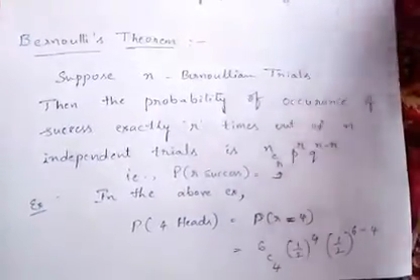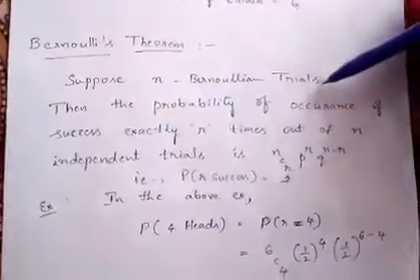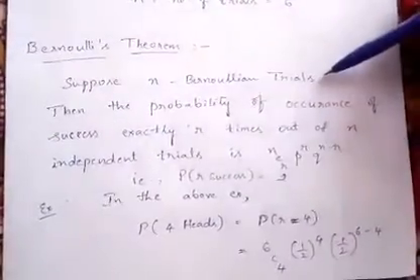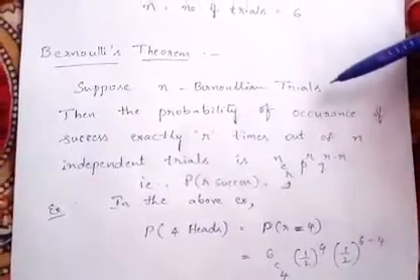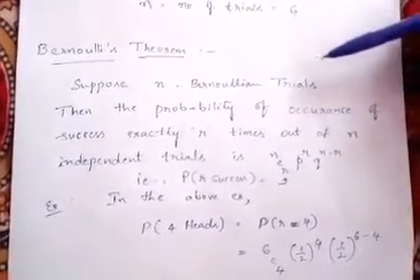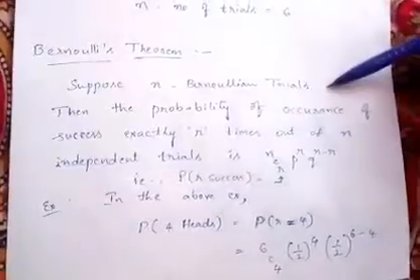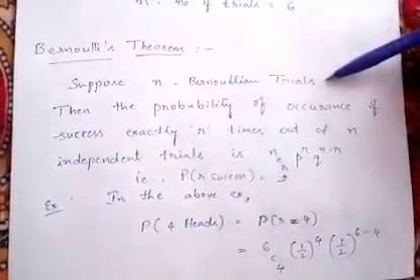Next, we see Bernoulli's theorem. Suppose there are n Bernoulli trials. Already we discussed Bernoulli trials: probability of success p, probability of failure q, p plus q equals 1, and the number of trials is n.